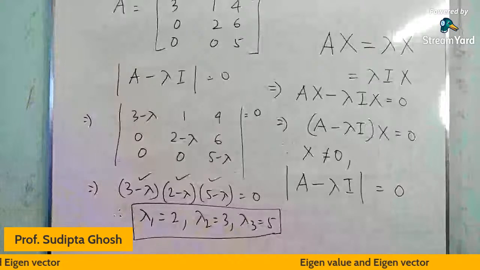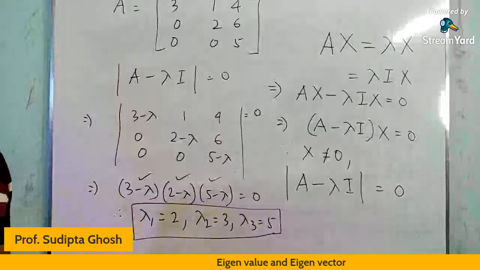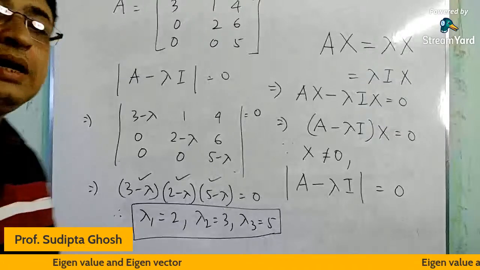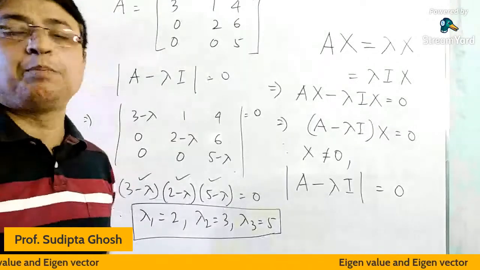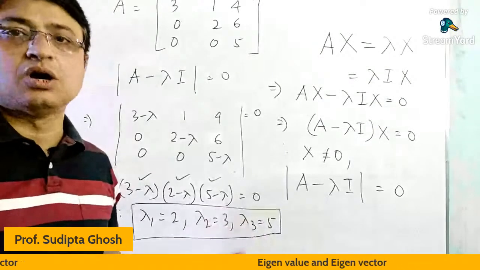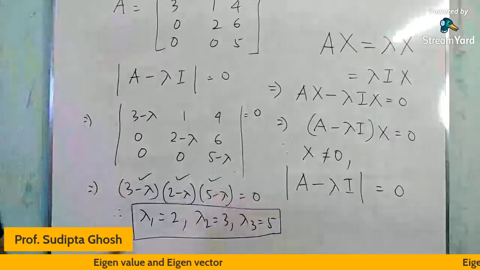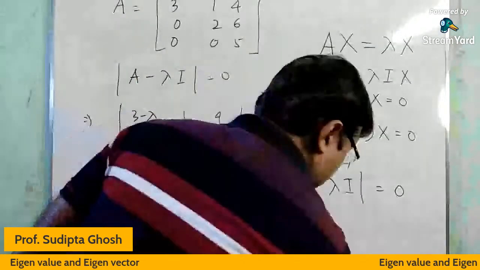So up to this point, we have already obtained the eigenvalues of the matrix A. Now let's move on to the eigenvectors. How to find the eigenvectors?